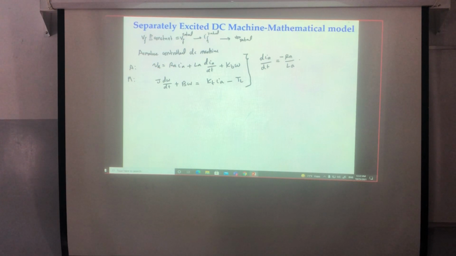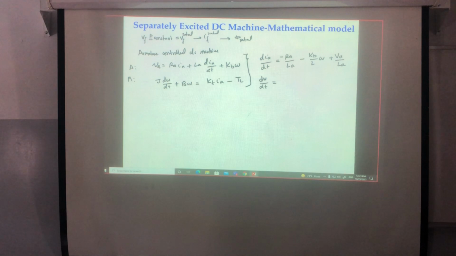Then minus KB over LA multiplied by omega plus VA over LA. Who can help me with the second equation? I will put the highest derivative on one side, which is d omega by dt.